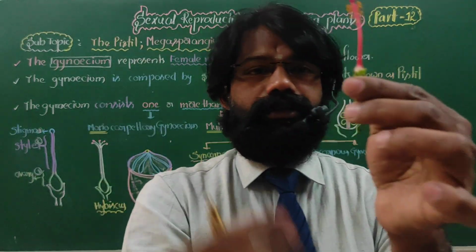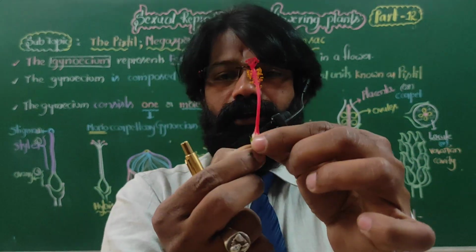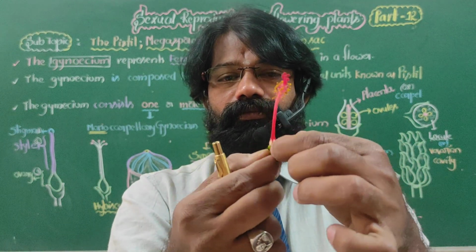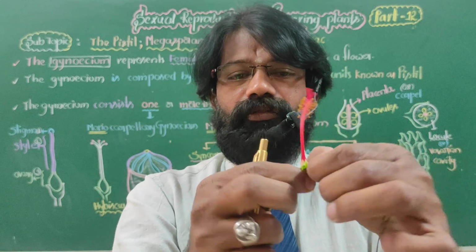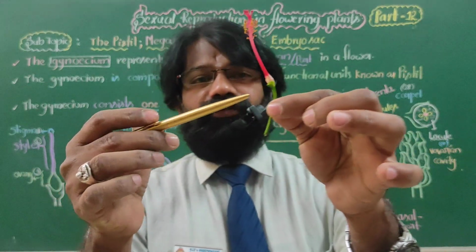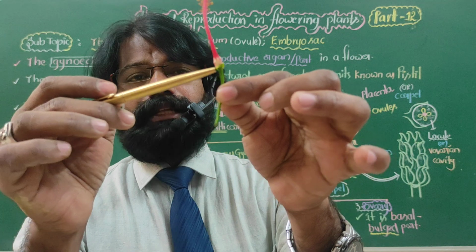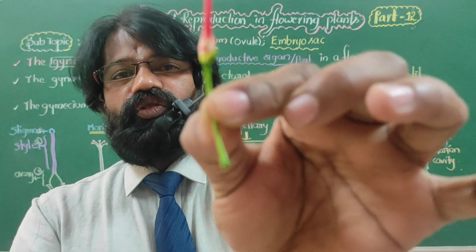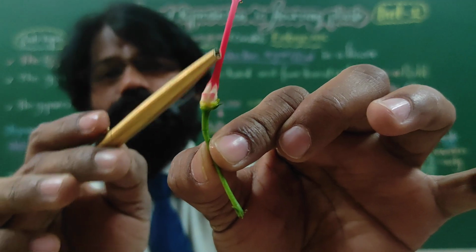this kind of structure. I will explain it to you in a diagrammatic representation on the board also. Now here, this is a stalk and above it is the thalamus, the swollen part. This is the ovary and this is the style.